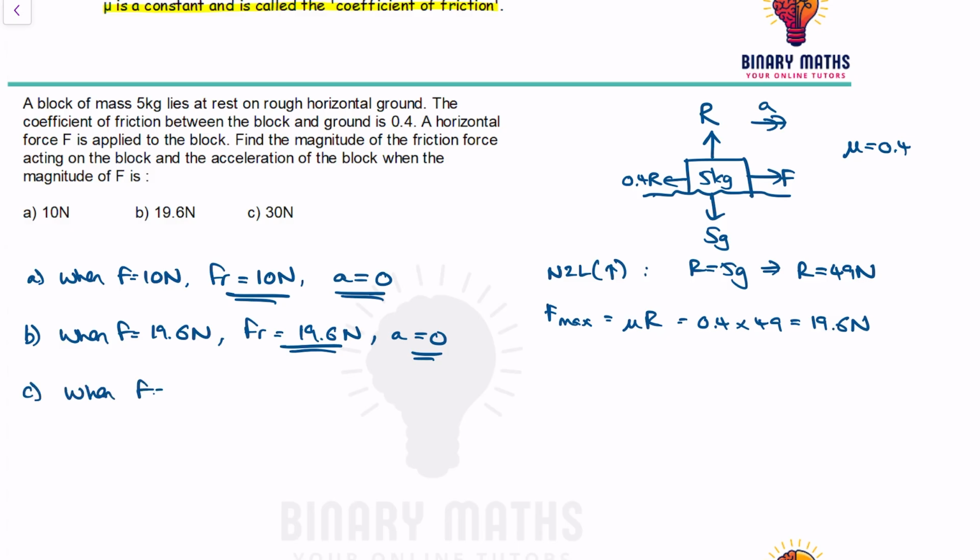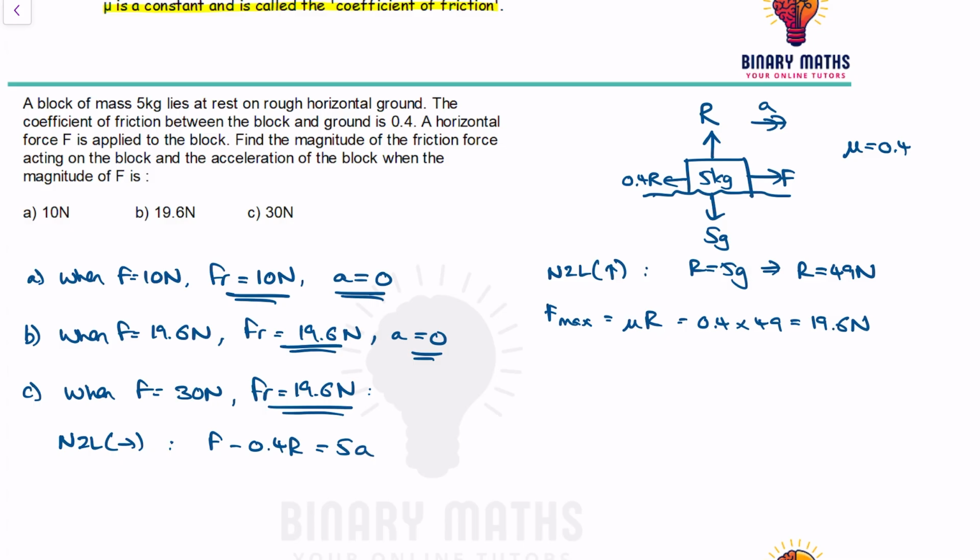When F is equal to 30 newtons, because the F max is equal to 19.6 newtons, friction will be at the highest value, which is 19.6 newtons, which means if we apply Newton's second law horizontally, then we get F minus 0.4 R must be equal to mass, which is 5, times acceleration.